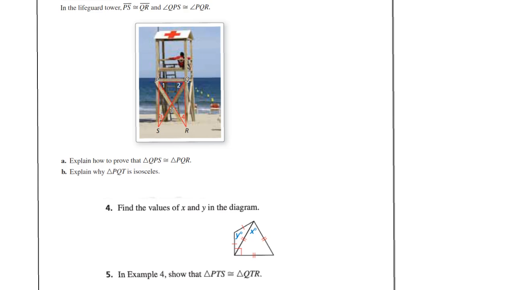So here, guys, I'm going to show you how to do parts A and B. So part A, it says, explain how to prove that triangle QPS is congruent to triangle PQR. When you have diagrams like this with lots of different triangles happening, I pay close attention to that statement, and then I draw those triangles separately.